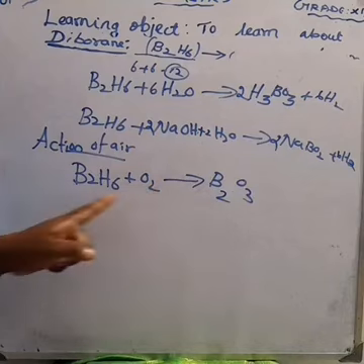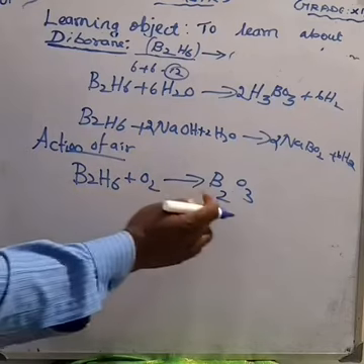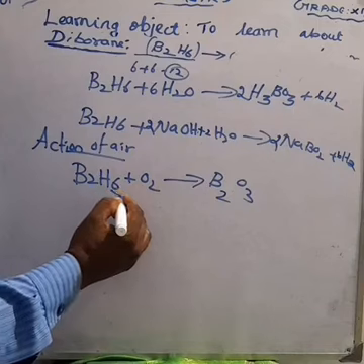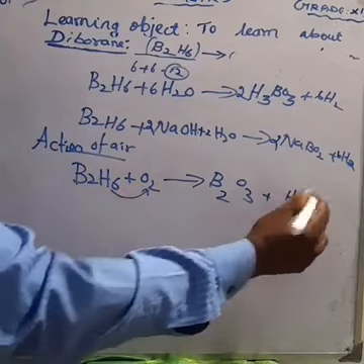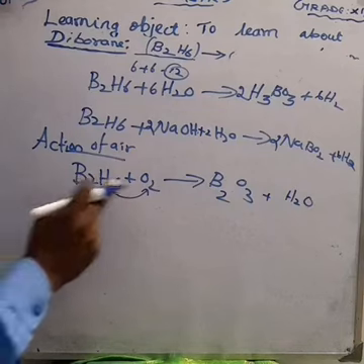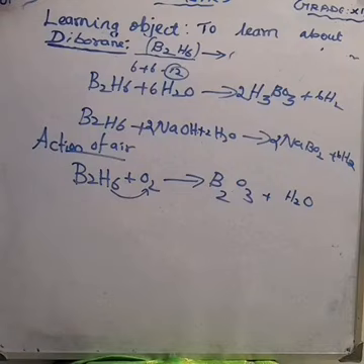Boron combines with oxygen, we get B2O3, plus hydrogen combines with oxygen, we get water molecule H2O. Now we can balance the reaction. How much boron is there in the reactant side? 2 boron. So how much boron on the product side? 2 boron.